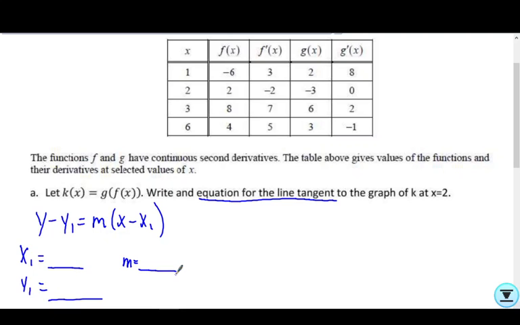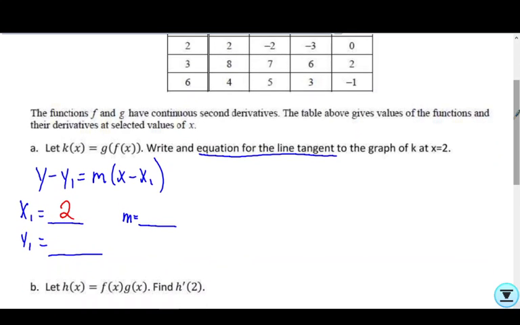x1 is what they gave us, that's 2. So we know x1 is 2. Now, to find y1, in this case it's k at 2. So k at 2 is g of f of 2.